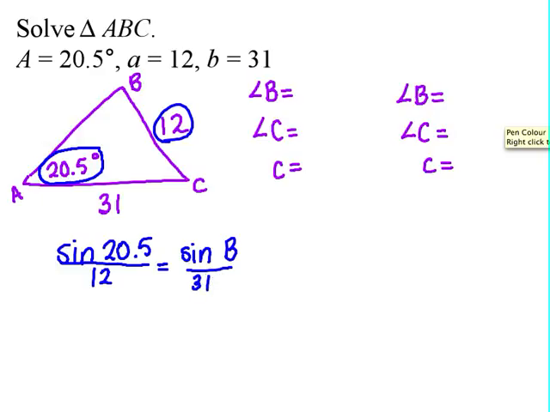Now, have you been doing the proportions in one step or two? One? Okay, so in this case, I'm going to take 31 times sine of 20.5 and divide it by 12. I need you to tell me what you get to 4 decimal places.